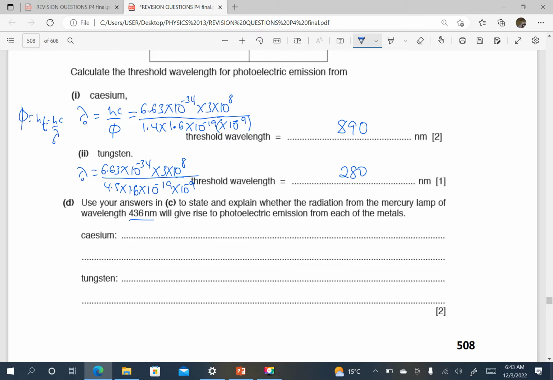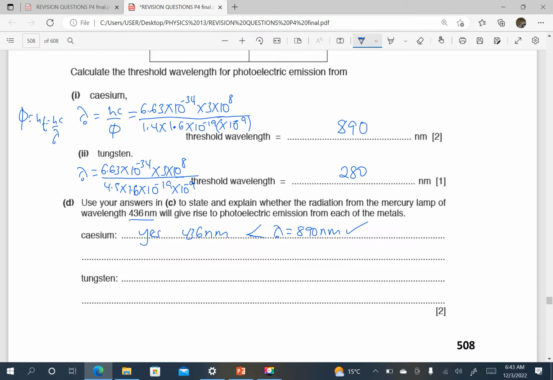So for cesium, 436 nanometers is less than the threshold lambda naught, which is 890 nanometers. So this one will emit.